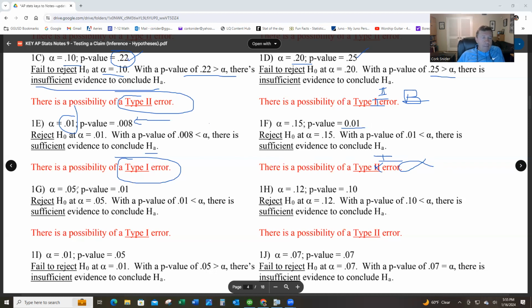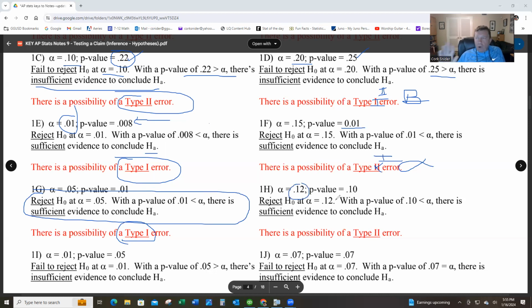Okay, and then G, 0.05 is alpha, 0.01 is the p-value. And then this is a reject H0 at alpha 0.05. And again, these are sentence frames you want to memorize and use. This is exactly what you want to know. I know it's from a previous lesson, but you want to memorize these. This is also a possible type 1 error. Alpha is a strange number.